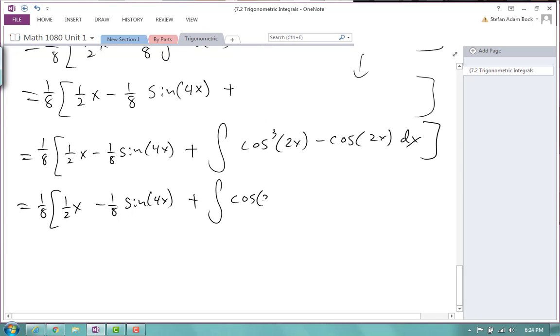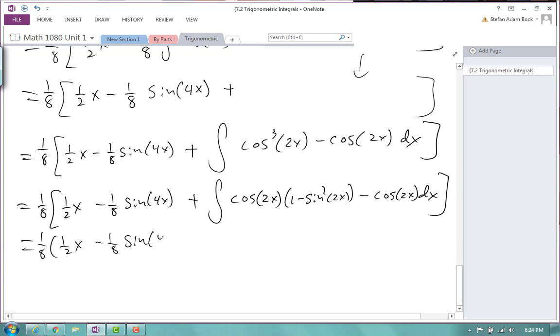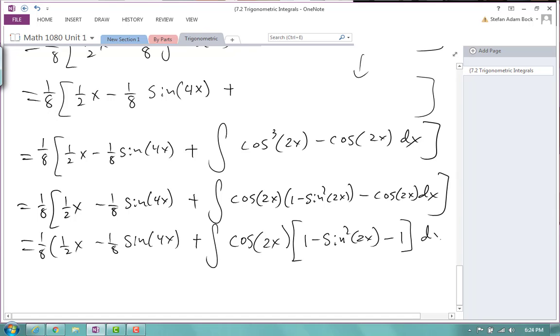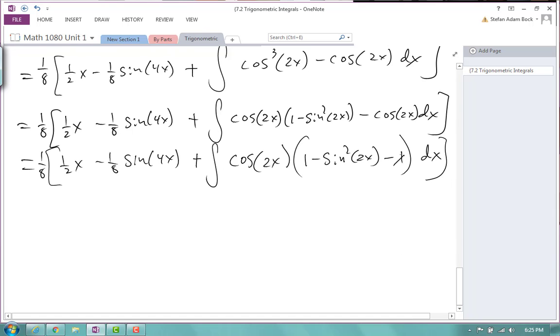So I have cosine of 2x times 1 minus sine squared of 2x minus cosine of 2x dx. Leaving me with the integral, I could write as cosine of 2x times the quantity 1 minus sine squared of 2x minus 1, where the ones will cancel.